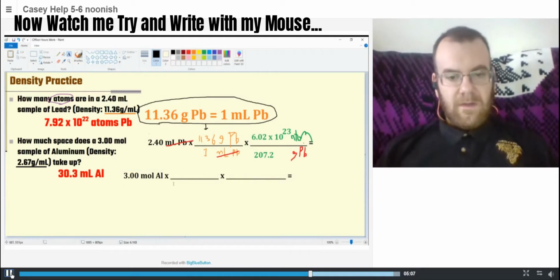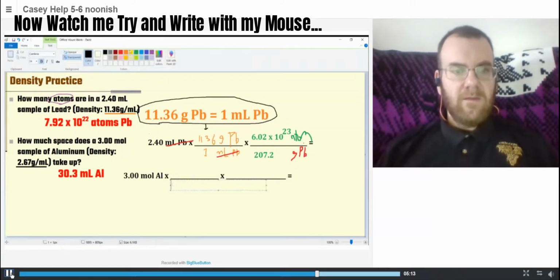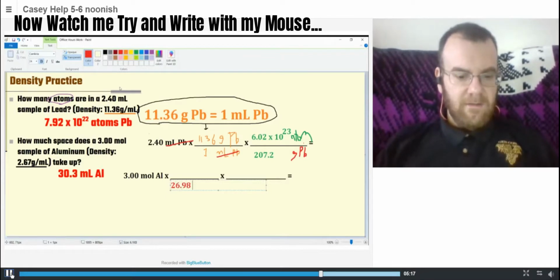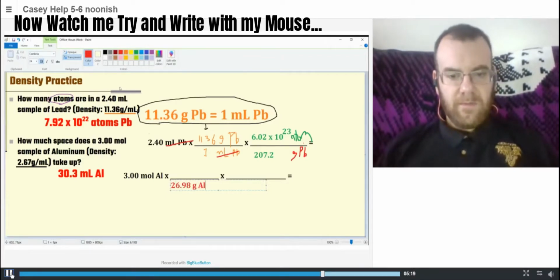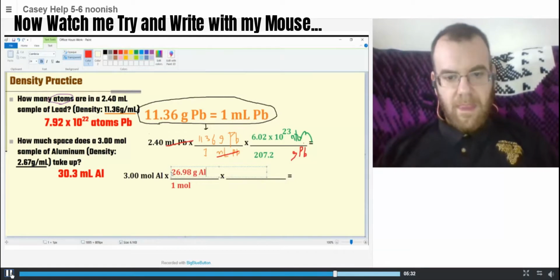On the bottom, we've got our normal thing. There is 26.98 grams of aluminum in a mole. 1 mole will become the 26.98. And both of these should be listed as aluminum.